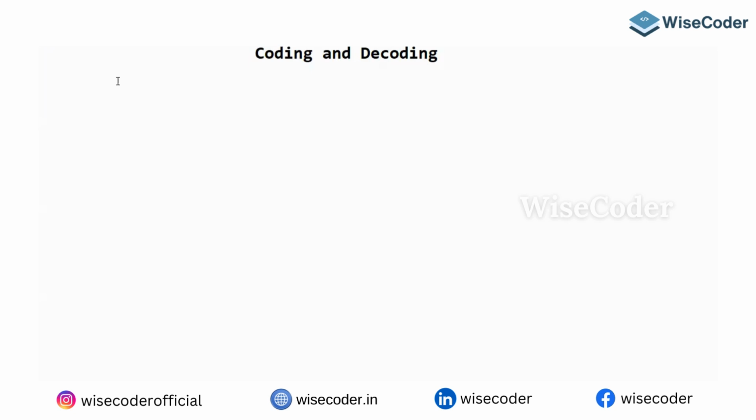When I say coding, a particular code or pattern is used to express a word in the English language as a different word or in a different form. The coded word itself does not make any sense unless I know the code.